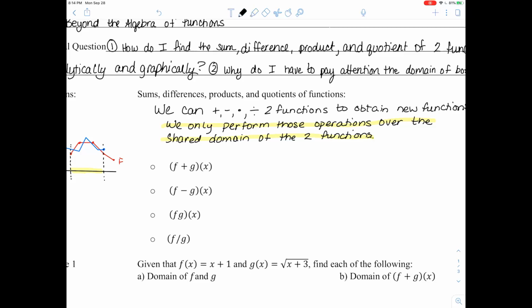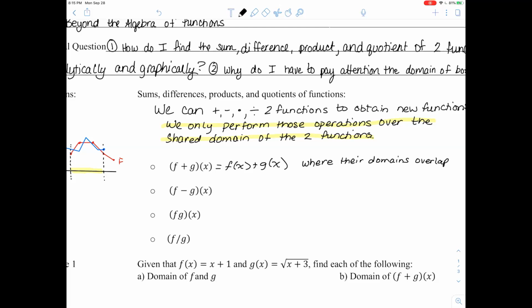All right, so just a couple of reminders for the algebra of functions here. If I have f plus g of x, what that really means is f of x plus g of x, where their domains overlap, where they share domains.